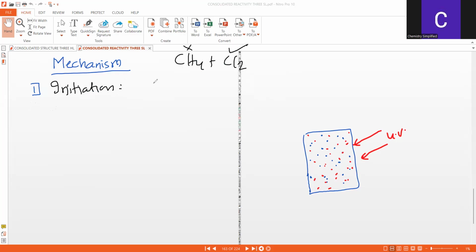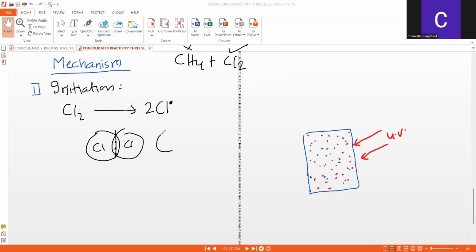It will attack chlorine. So the chlorine molecule will break the bond and a homolytic fission will take place and you get two chlorine free radicals. Free radicals are shown by a dot on them. So just to show you, this is chlorine. These are the two electrons shared. When this breaks, each chlorine gets one electron.